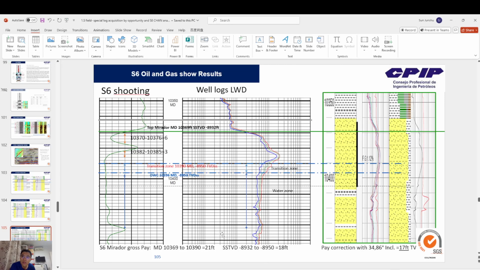This is the shooting in Mirador and the well logs of logging while drilling. S6 Mirador gross pay MD 21 feet plus 18 feet.